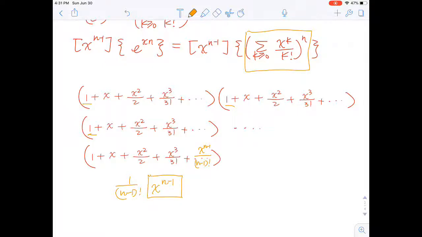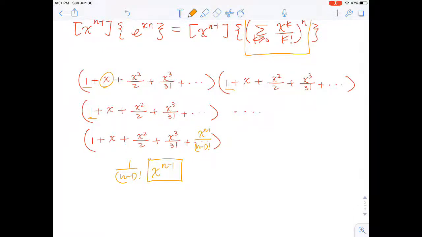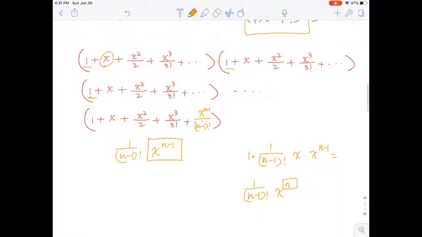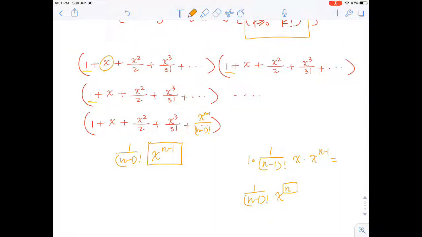However, suppose in the first parenthesis I pick x, then I will get 1 times 1 over n minus 1 factorial times x to the power of n minus 1, which is 1 over n minus 1 factorial times x to the power of n. And this is not what we want, because we are only interested in finding the coefficient of x to the power of n minus 1.